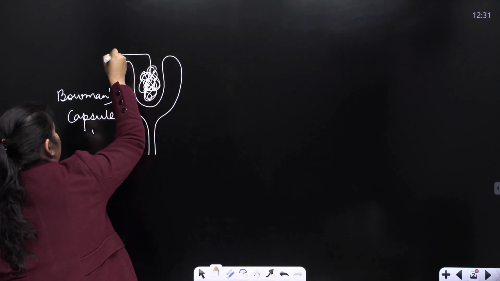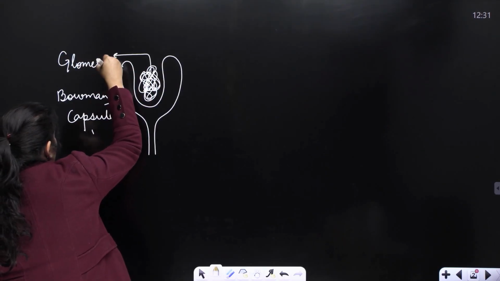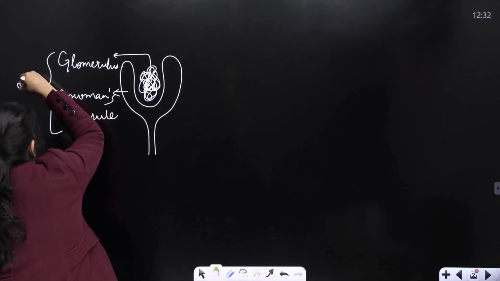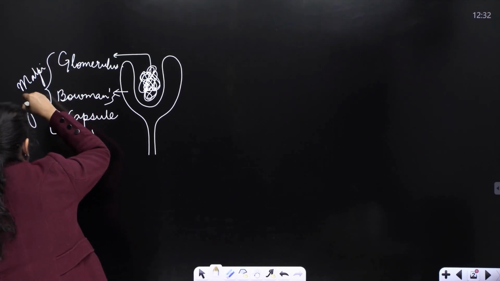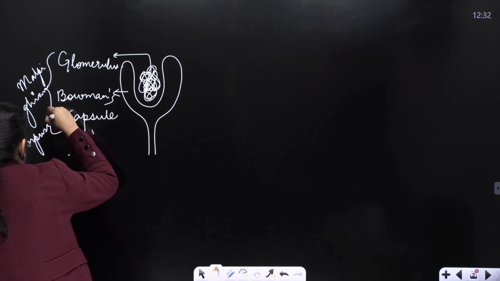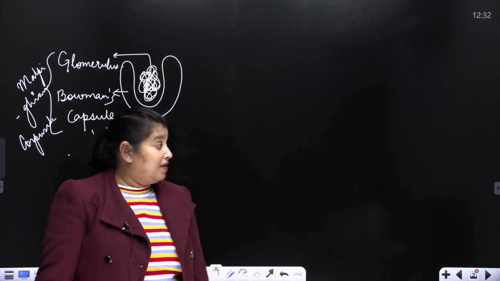This is the glomerulus, which is the tuft of capillary, collectively forming the Malpighian corpuscle. This collectively forms the Malpighian corpuscle.